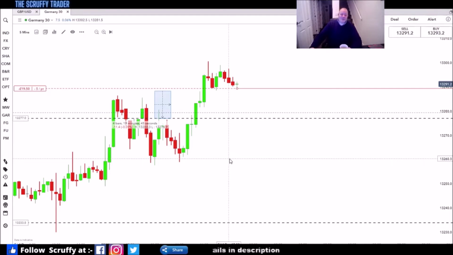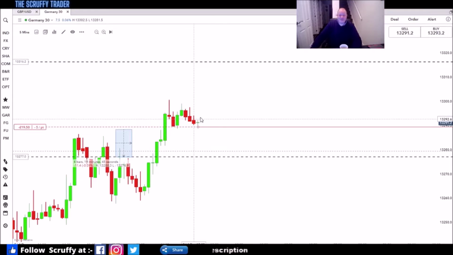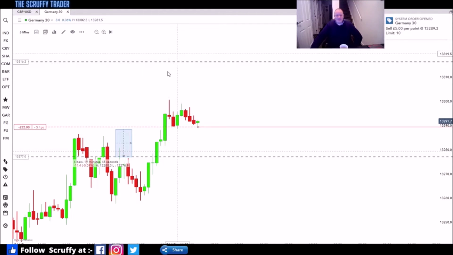Now, what we are looking at is an area from here. It could push up to there, so there's no reason you can't average in as long as your stop stays in the same place. If you have a stop up here, there's the first structure point, there's a second structure point, and you put a wide stop in.